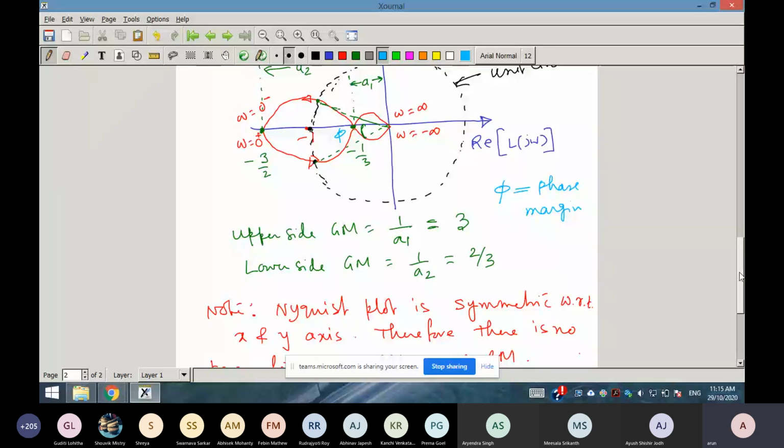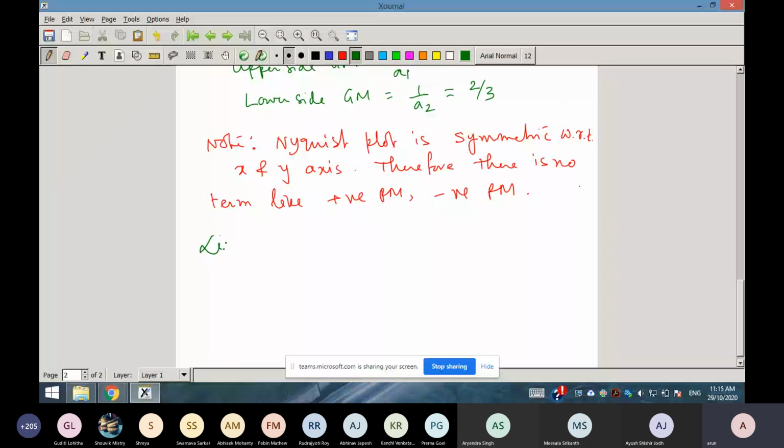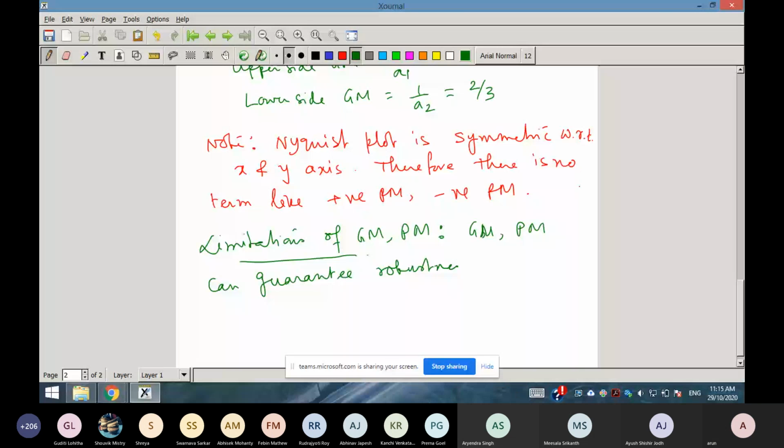Okay, so now slowly I will move. I just want to say what the limitations of GM and PM are. GM and PM can guarantee robustness only against pure gain variation and phase variation.